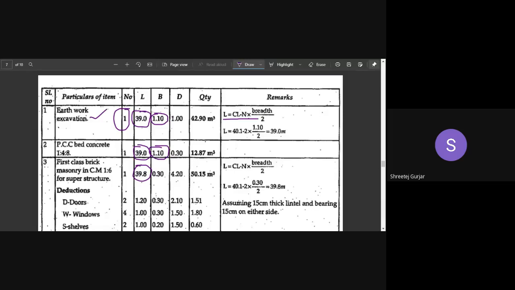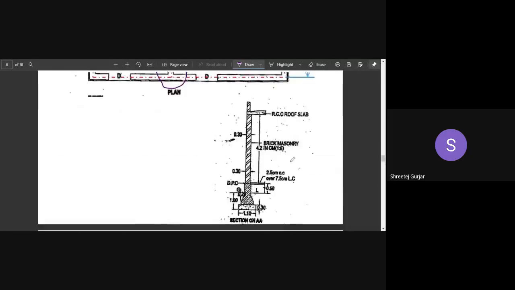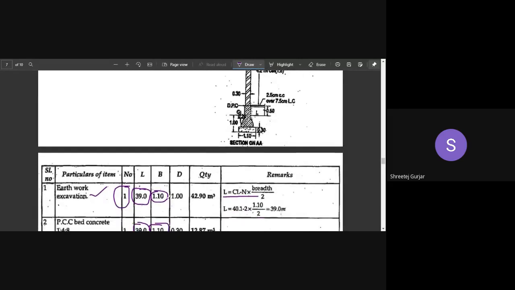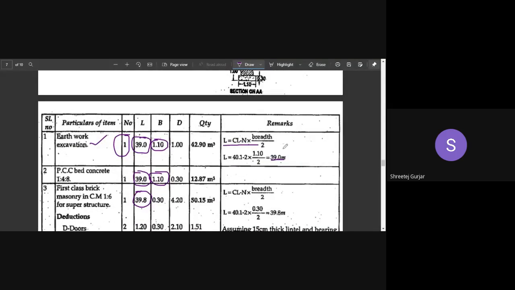So 40.1 minus 2 into breadth by 2. B we can see here, for earthwork excavation, the width is 1.1, right? So 1.1 by 2. Calculating this, we get the length of my earthwork excavation as 39 meters. So I will write 39 meters in length.